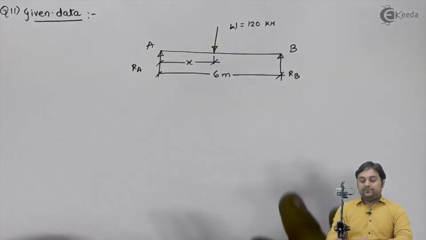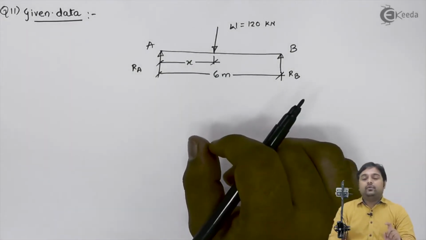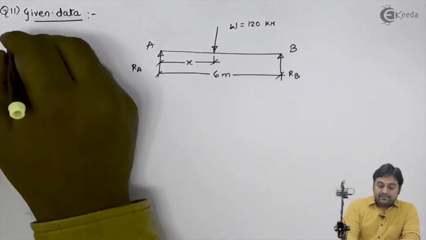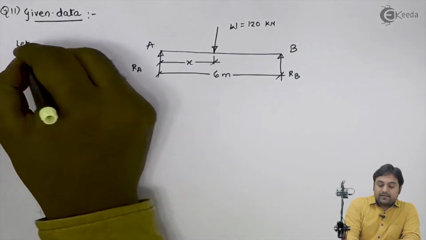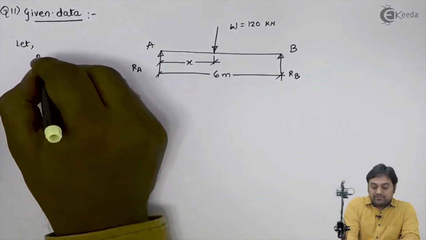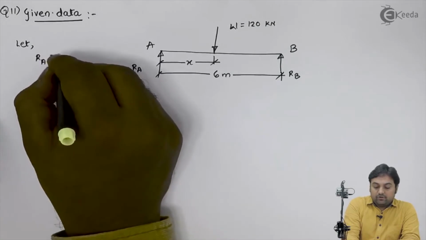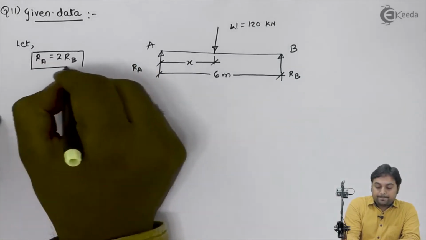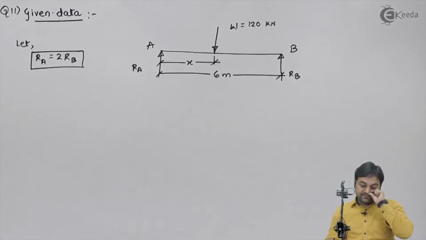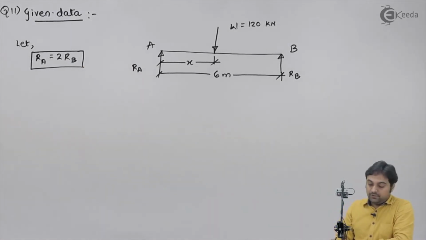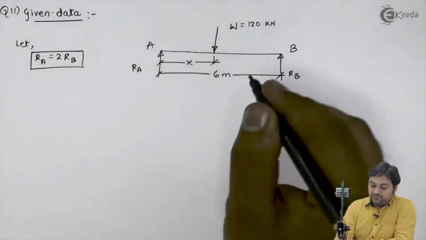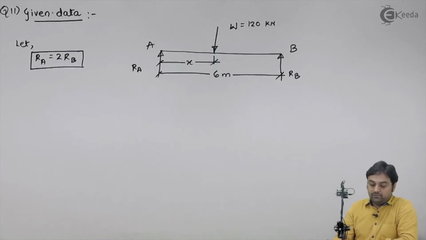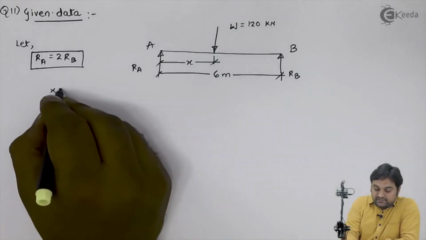Here it is given that one reaction is twice that of the other. So let RA be the reaction which is twice of RB. Now we have to find this distance x, that is, at what distance we would be placing the load. So x is the unknown.